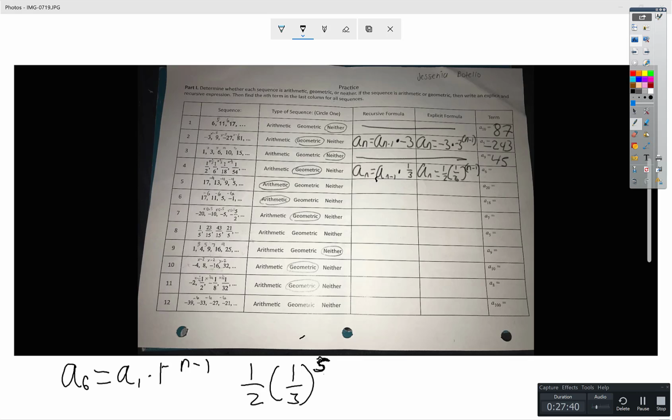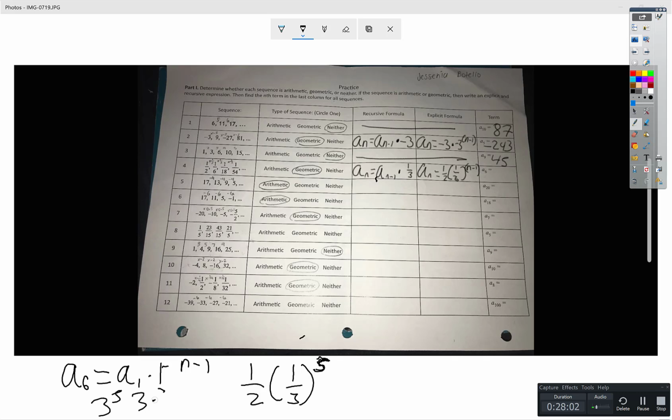Here's how we would go about that. We'd essentially just do 3 to the 5th, right? So that's 1 times 1 times 1 times 1. So that's 3 to the 5th.